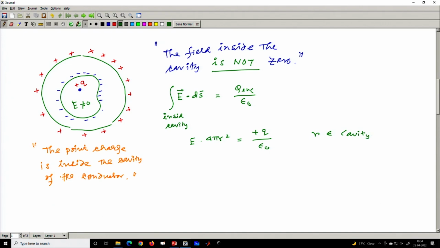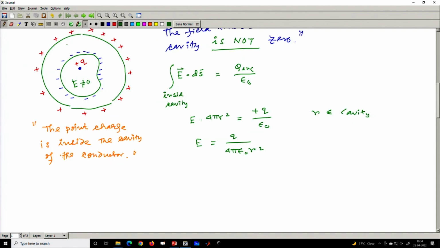So r is inside this cavity. Then E is simply q divided by 4 pi epsilon 0 r square, which is the non-zero field, that we understand.